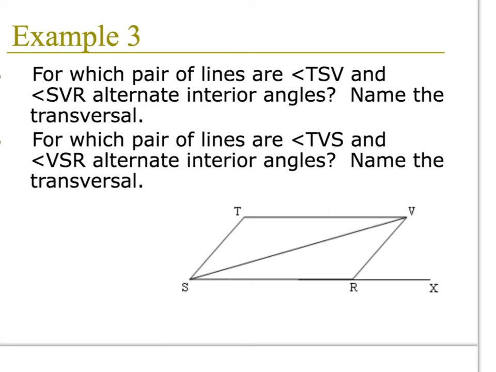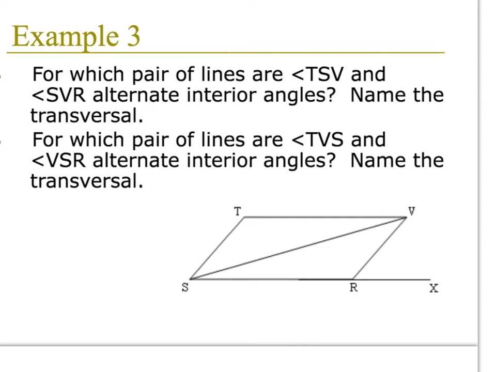All right, so TSV, I'm going to jot down that angle, TSV, which is this guy right here. And then angle SVR. That would be this guy right here. Those are my two angles. Which pair of lines, and then also our transversal?